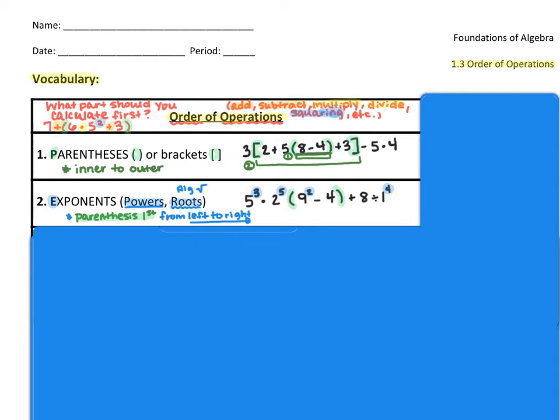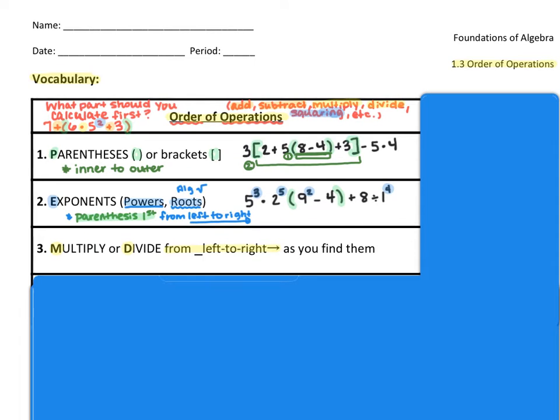So that would mean I would have to evaluate 9 squared first because it's in parentheses, and then I'll go back from left to right and evaluate 5 cubed. Then I'll do 2 to the 5th power, and then I'll evaluate 1 to the 4th power. So after we evaluate parentheses, the next thing we want to evaluate would be exponents.